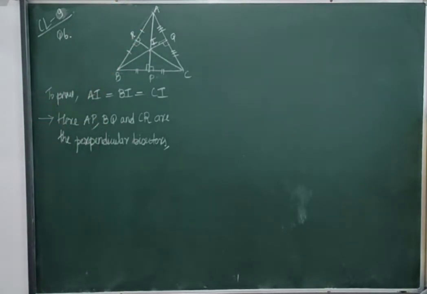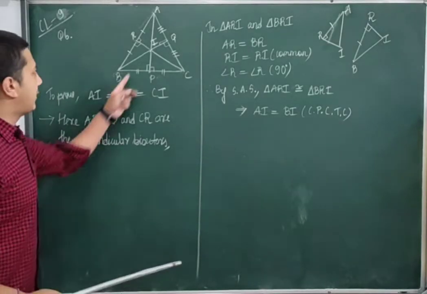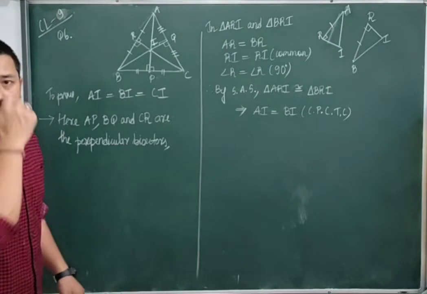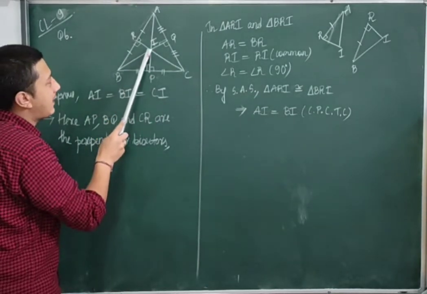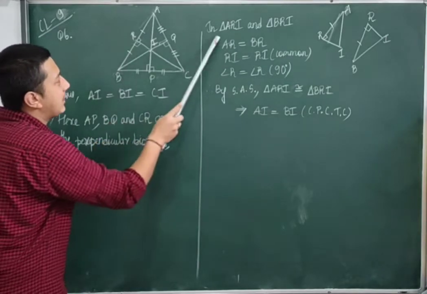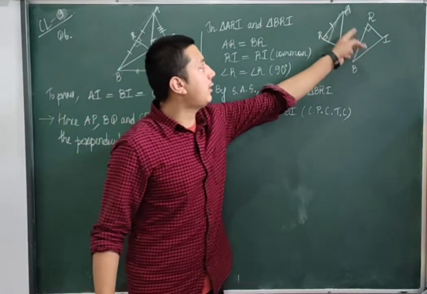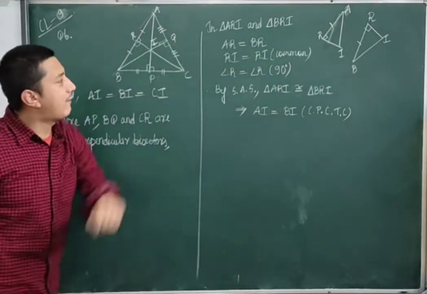Okay, so let us write that down. Alright boys, let's go into details now. These are the perpendicular bisectors, so a perpendicular bisector will bisect equally. I am now concerned with two triangles ARI and BRI. Please make the triangles out here, ARI and BRI, exactly as I have done out here.